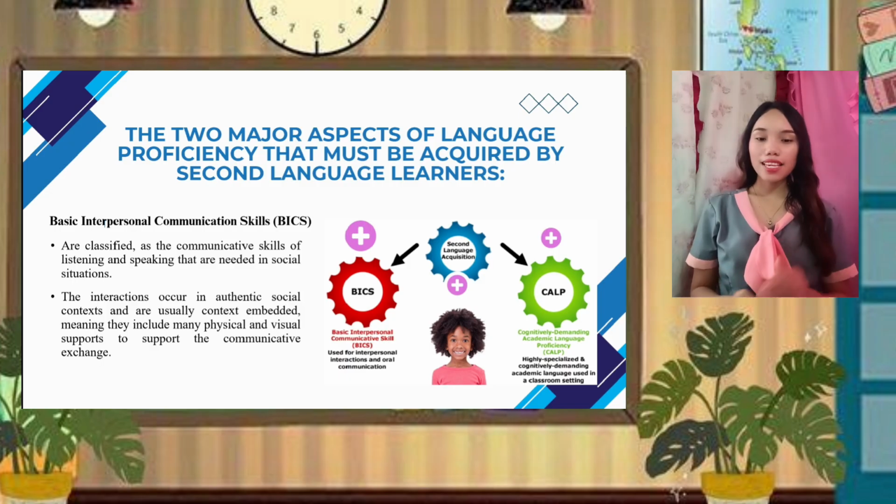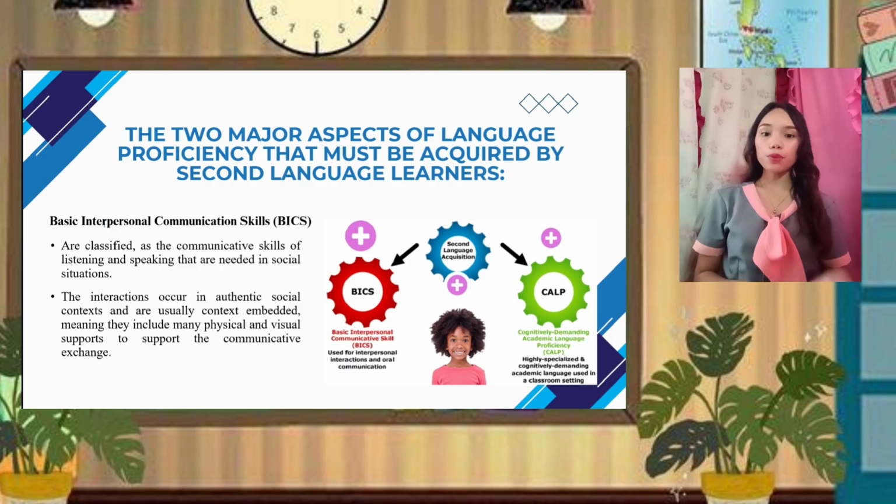As you can see in the picture, basic interpersonal communication skills are used for interpersonal interactions and oral communication. They are not considered as demanding cognitive tasks and the language required is not specialized. These skills develop quickly in second language learners, from 1 to 2 years.